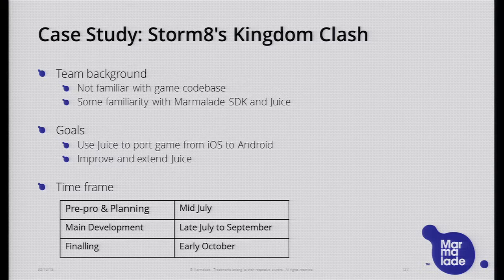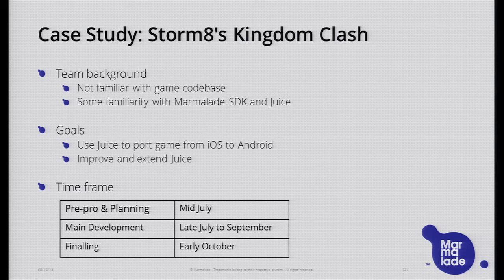So the team who actually worked on this, right at the start, they had no familiarity with the game code base, but they had some familiarity with the Marmalade SDK and Juice. And the goal was to do the port, but more importantly, this was a driver for us to improve and extend the Juice functionality and prove it out in the real world.